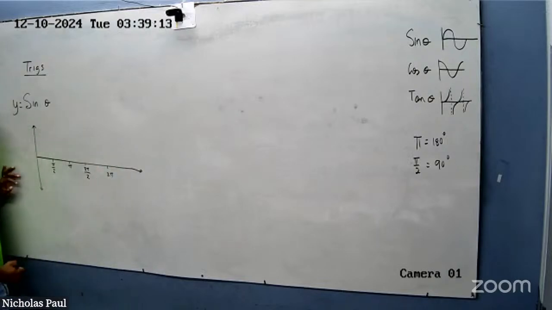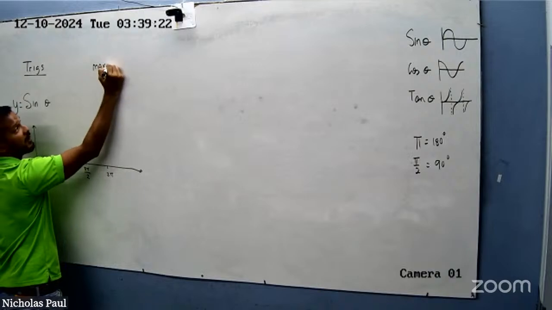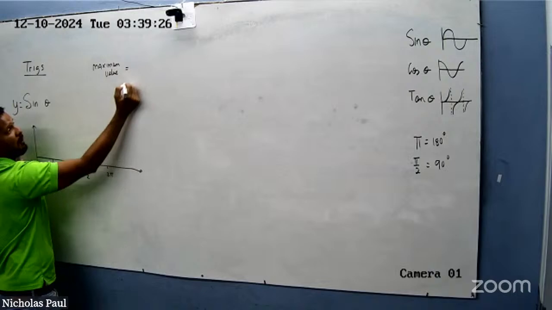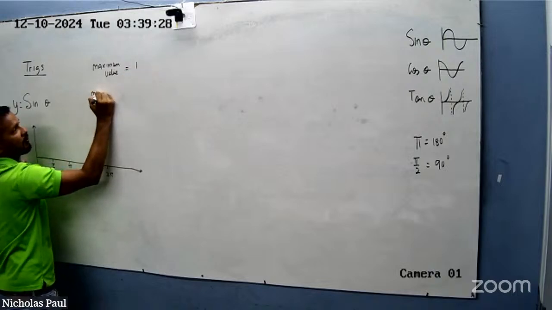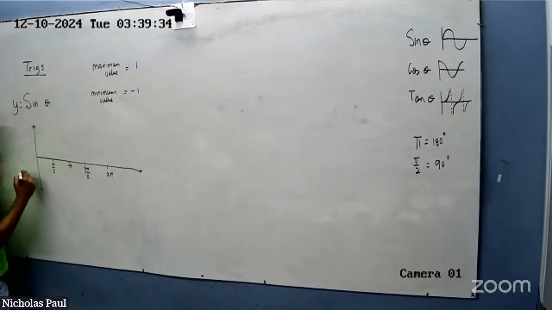Anybody remember the largest possible value sine could be? And the minimum value is minus. So the largest value is 1, and the smallest value is minus 1.